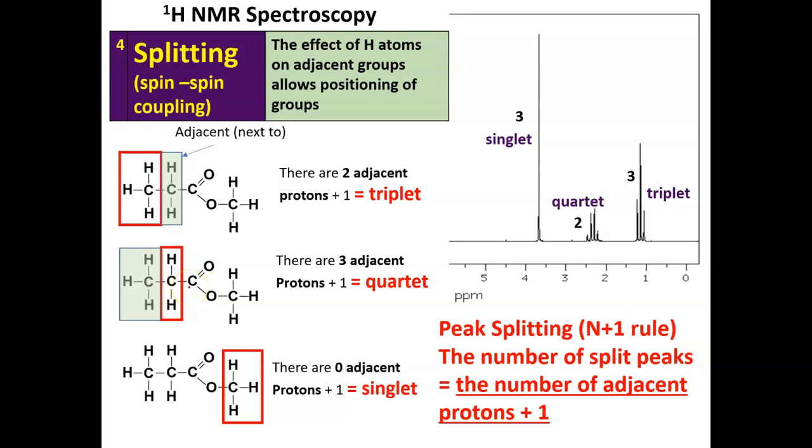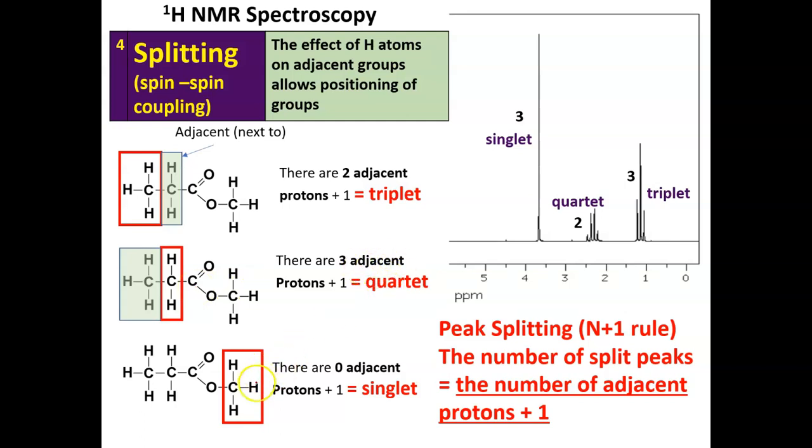It has no hydrogen, so it makes no contribution to our total. So you add up the number of adjacent H's on the carbons immediately to either side, add them together and plus 1. So we've got 3 and none, plus 1 gives us a quartet.